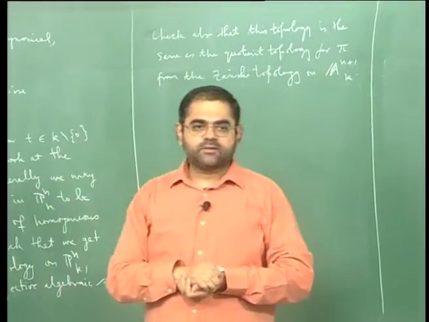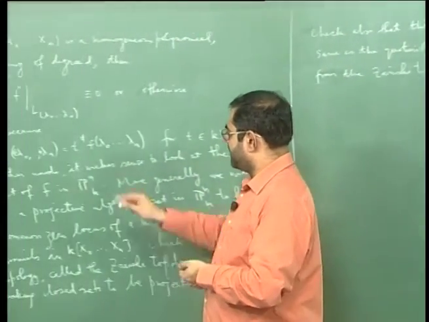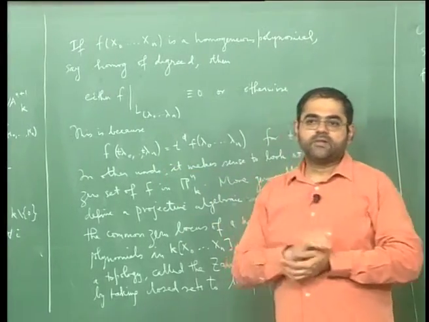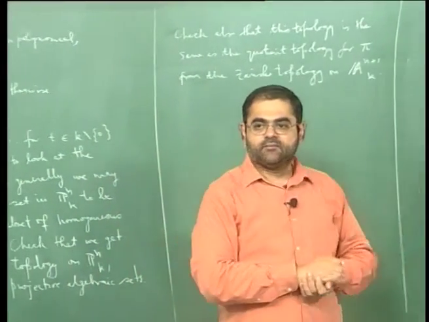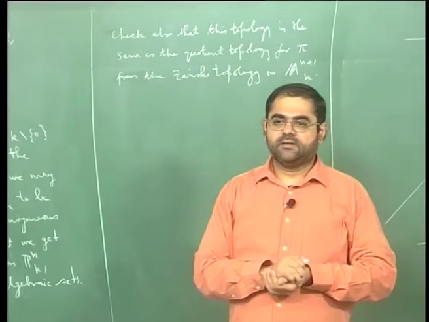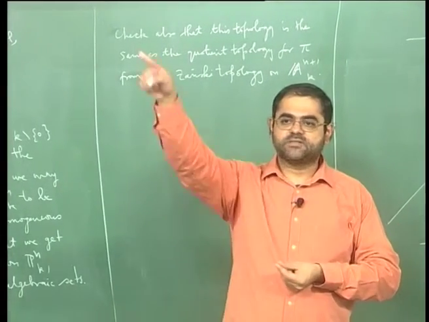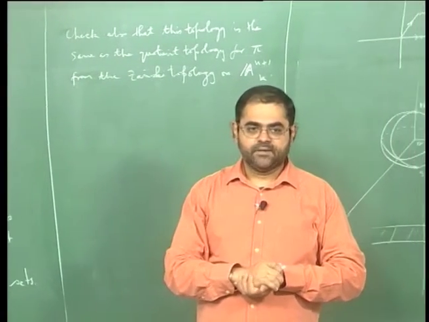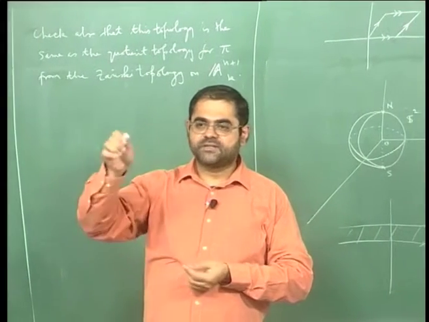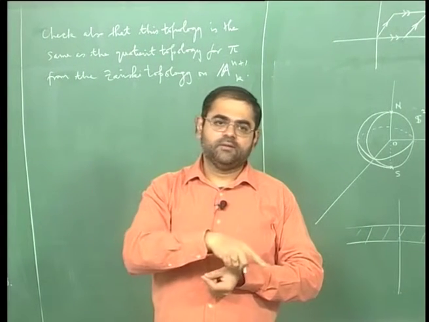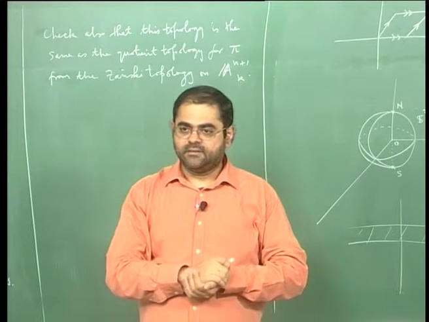And you know why you have to consider homogeneous polynomials, because only for a homogeneous polynomial you can say for sure whether it will vanish uniformly on a line passing through the origin. Okay. If it is a non-homogeneous polynomial, it could vanish at some points on the line and it could be non-vanishing at other points on the line.